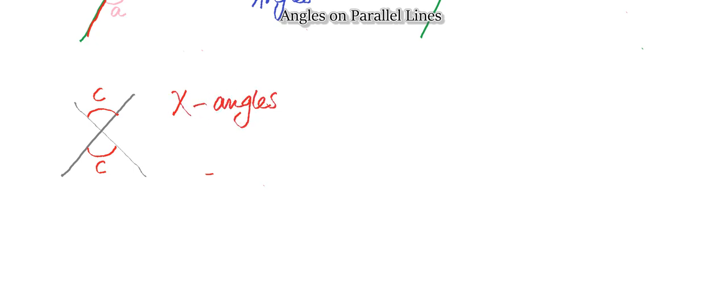But the correct mathematical term would be the opposite angles. And opposite angles are always the same. So if we want to say that this angle would be D, this angle over here is completely opposite this, so that will also be identically the same as D.